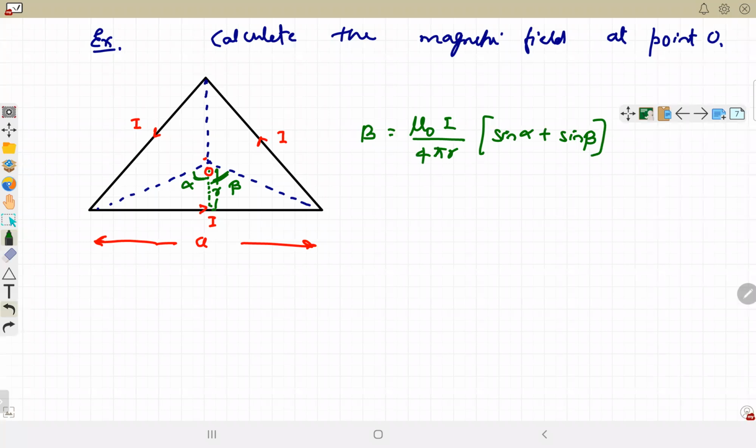So we'll multiply by 3. Just try. 3 root 3 mu naught I upon 4 pi R, I'm telling you.